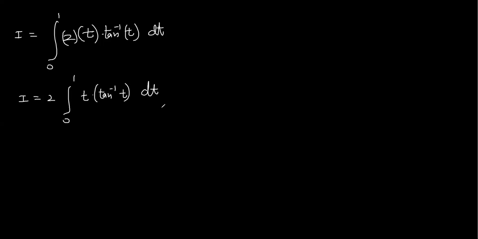And it is very simple because now we have integration by parts. For integration by parts, we are going to use the LIATE rule. What is the LIATE rule? It's a priority code which gives us the order in which the functions should be written. I notice that this is the product of two functions. Here t is an algebraic function and this is an inverse function.